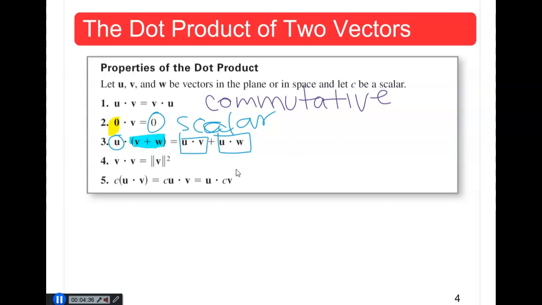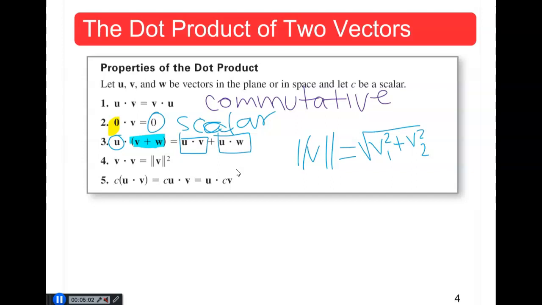Fourth property indicates that a dot product of a vector with itself is equal to the magnitude squared. And you, of course, recall that to find the magnitude, we take the square root of the square of the horizontal components plus the square of the vertical components.